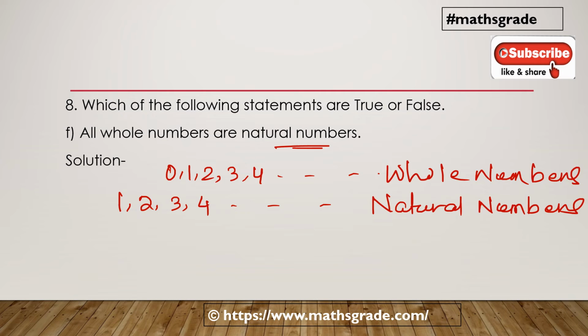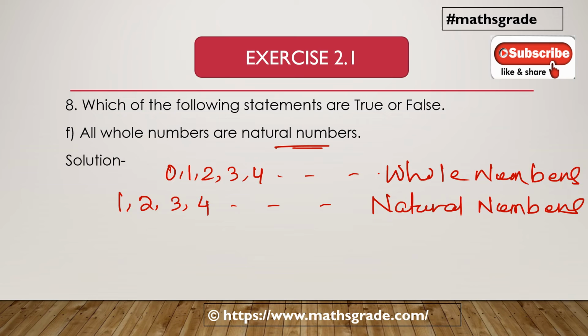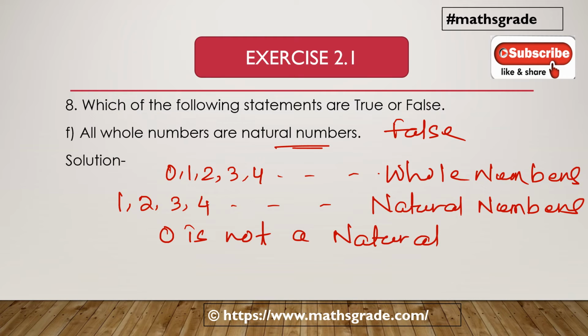So all whole numbers are natural numbers. This is false because in whole numbers 0 is present, which is not included in natural numbers. So 0 is not a natural number. So all whole numbers are natural numbers. This is false because 0 is not a natural number. 0 is a whole number.